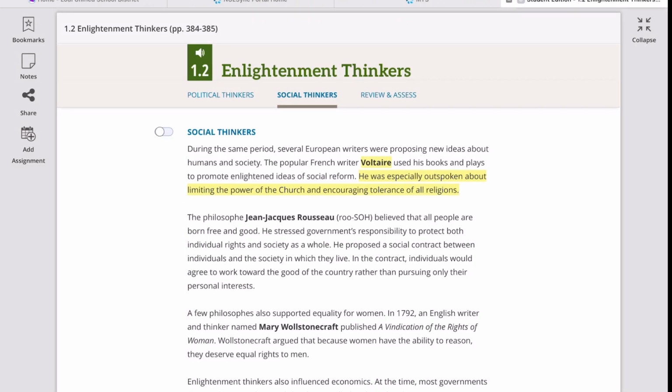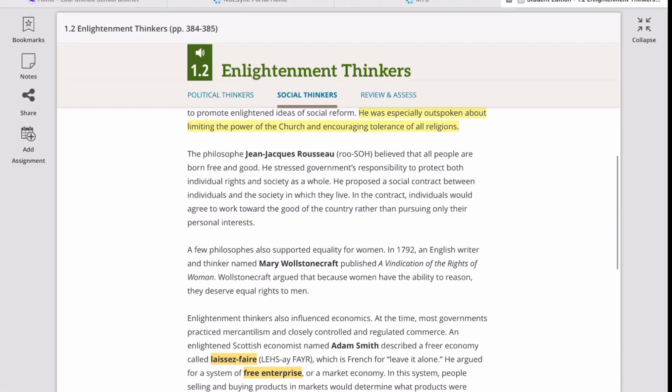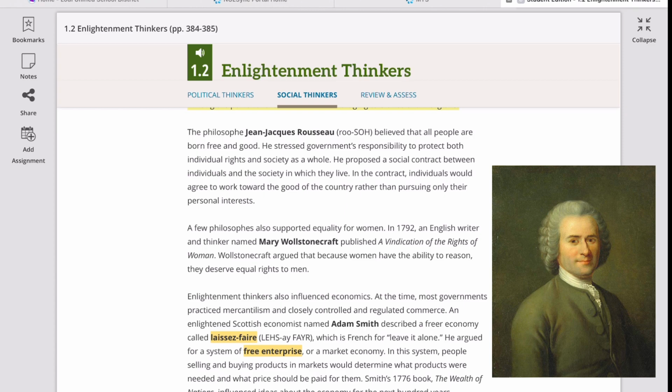Moving on, another influential thinker is Jean-Jacques Rousseau. He believed that all people are born free and good. So his idea, just like Locke's, is what we call the social contract. He proposed a social contract between individuals and the society in which they live. In this contract, individuals would agree to work toward the good of the country rather than pursuing only their personal interest.